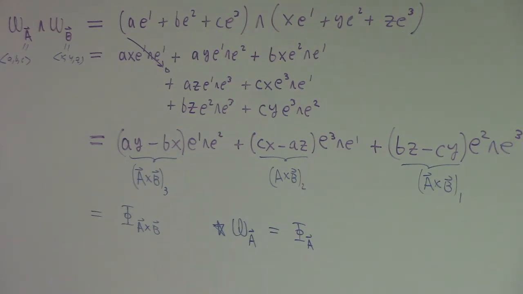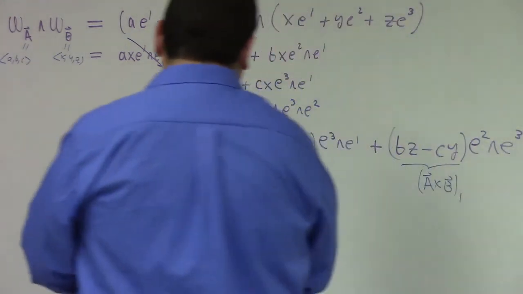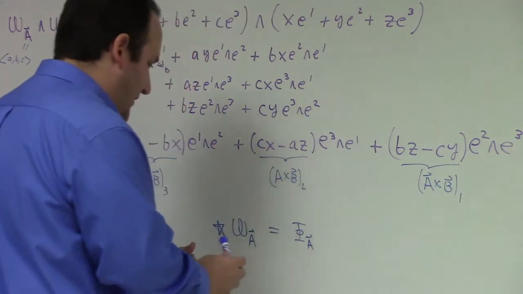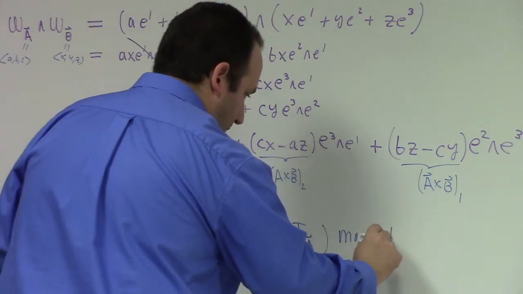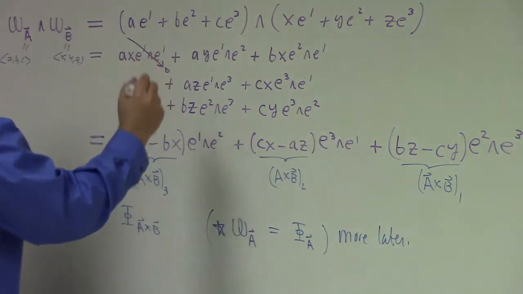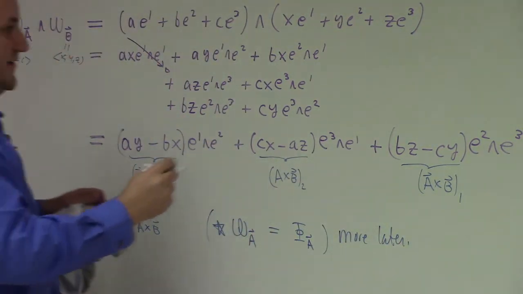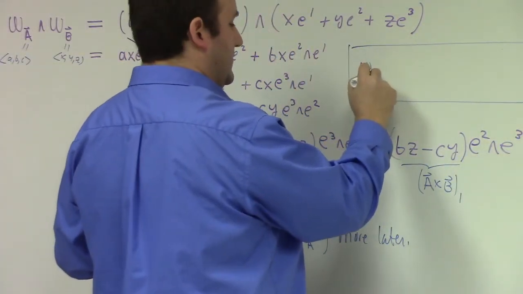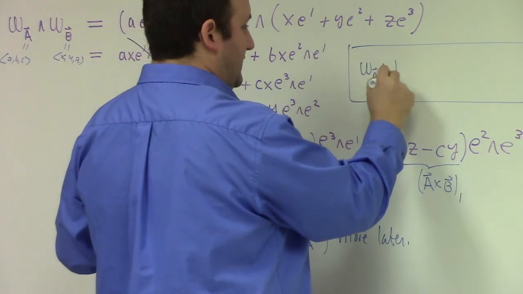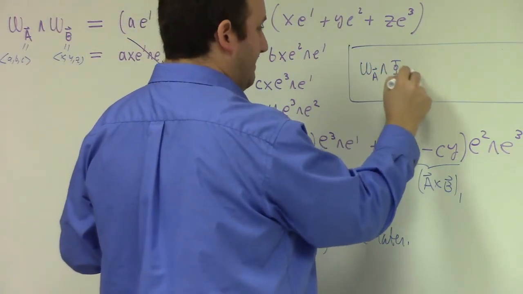Oh, I guess one more thing we could say while I'm on this, though. This much we could do right now. What would omega A wedged with the flux form of B be?